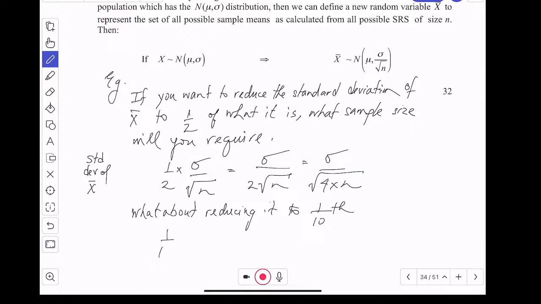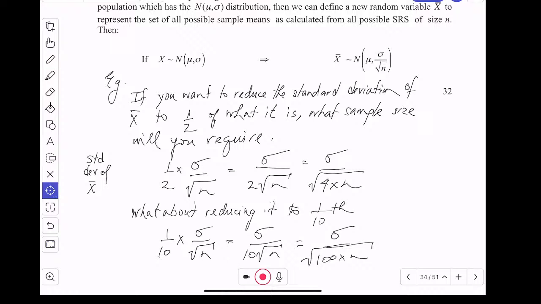Then 1/10 of this should be written like that, so you would have to multiply your sample size by 100 to reduce the standard deviation to 1/10 of what it is.